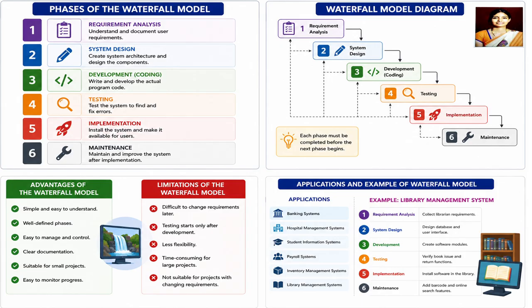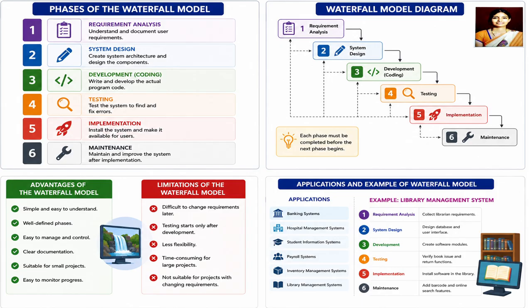Then comes testing. Whatever system is developed is tested to identify the errors and defects. Testing verifies whether the software satisfies the specified requirements. Then implementation, then maintenance. The completed software is installed and delivered to users.